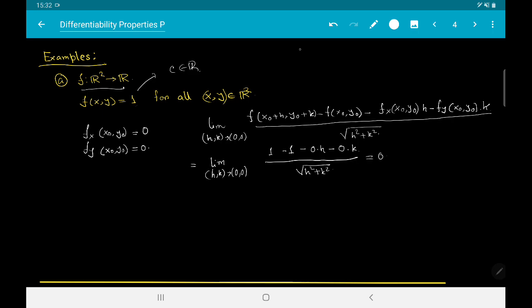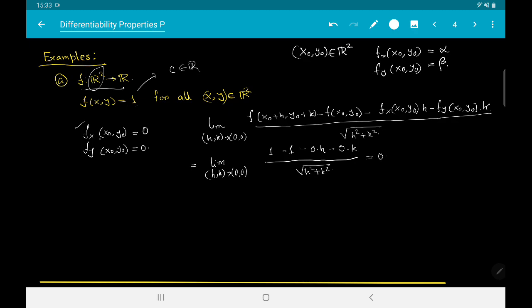Now suppose I fix a point x0, y0 in R2, and we are not required to check whether this is an interior point or not, because the domain of the function is the whole of R2, so it must be an interior point. Then we have said that if a function is differentiable at this point, we have to compute the partial derivatives fx x0, y0 and fy x0, y0, and this will serve as our alpha and beta that we have seen in our definition.